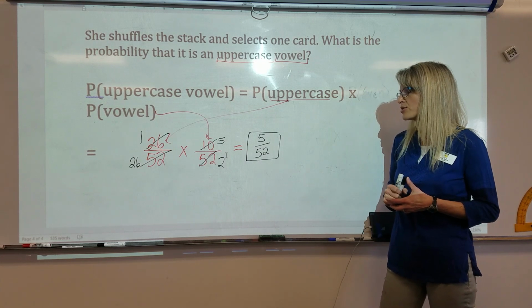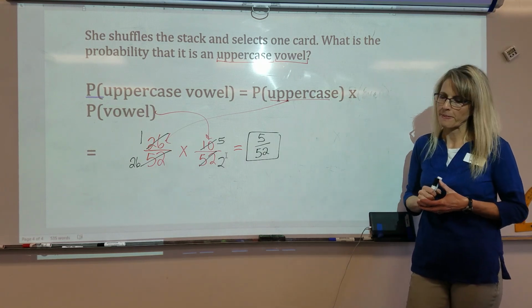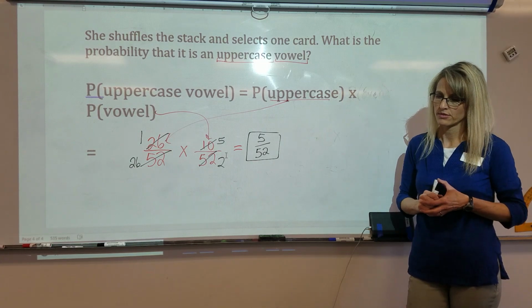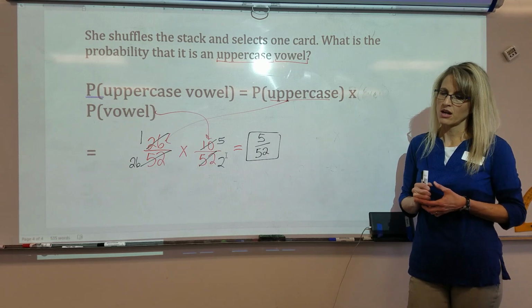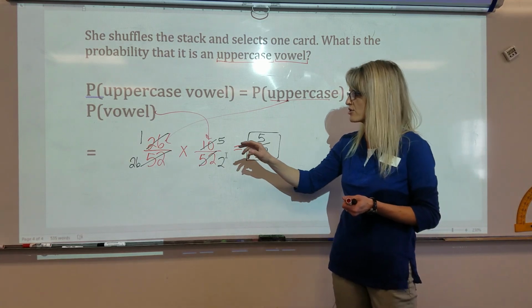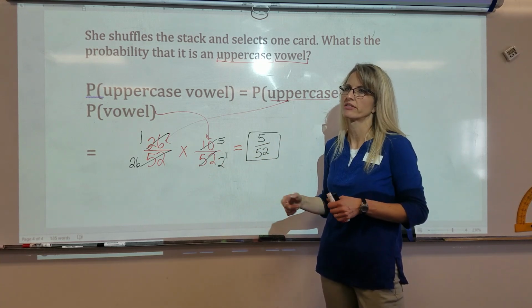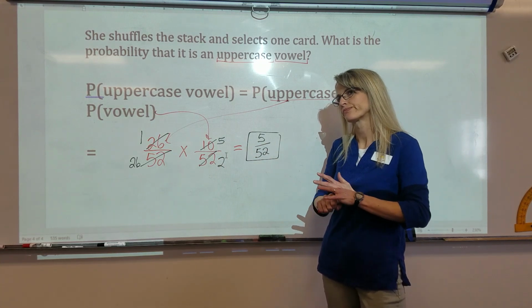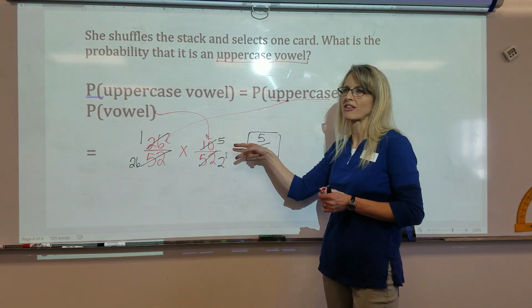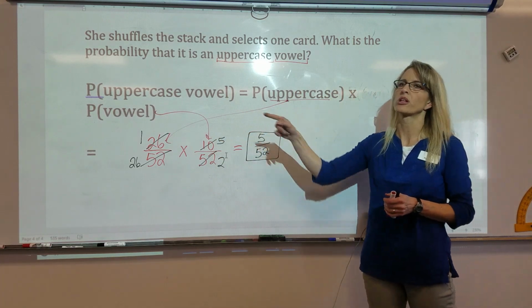I have 5 uppercase vowels out of my 26 uppercase. You'd still have to take into account your other 26 cards. I see what you're saying though. This just shows the math logic behind this formula.